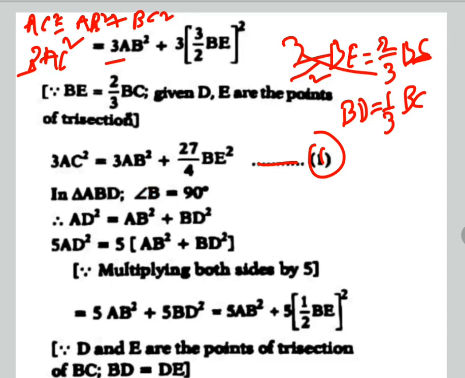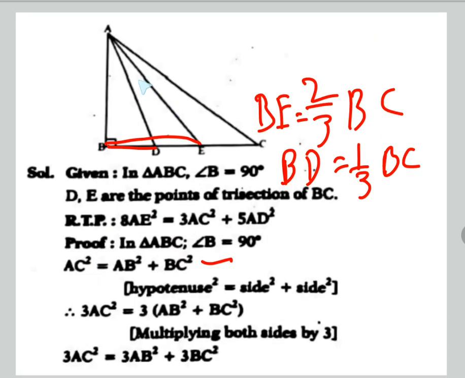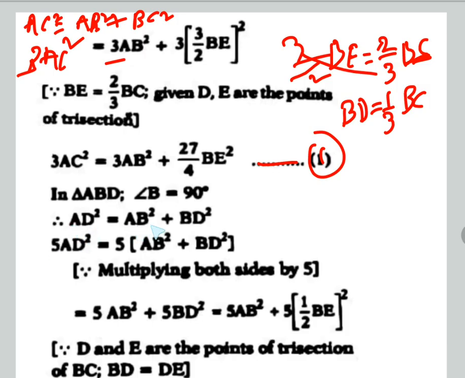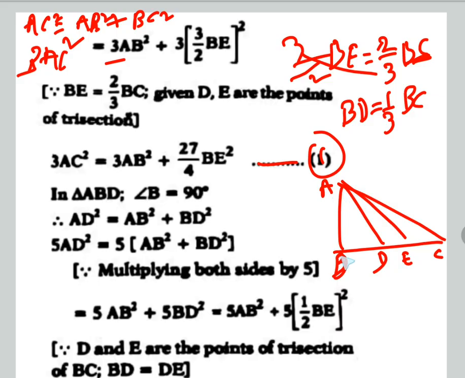And we know that in triangle ABD, angle B is 90 degrees. Also we can write AD square is equal to BD square plus AB square. AD square is equal to AB square plus BD square.